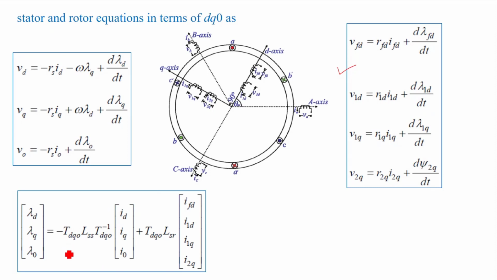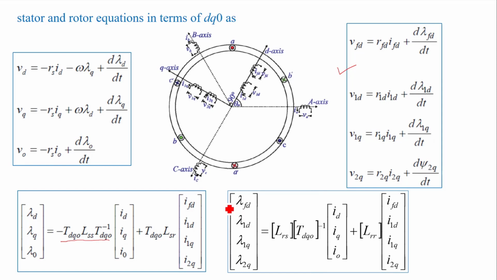Then your lambda d, lambda q, lambda o. Now the flux linkage equation, similarly I can apply the dqo transformation to the three-phase flux linkage equation. After applying the dqo transformation, I'll find lambda d, lambda q, lambda o will be equal to minus TDQO LSS into TDQO inverse ID, IQ, IO, plus TDQO LSR into IFD, I1D, I1Q, I2Q.